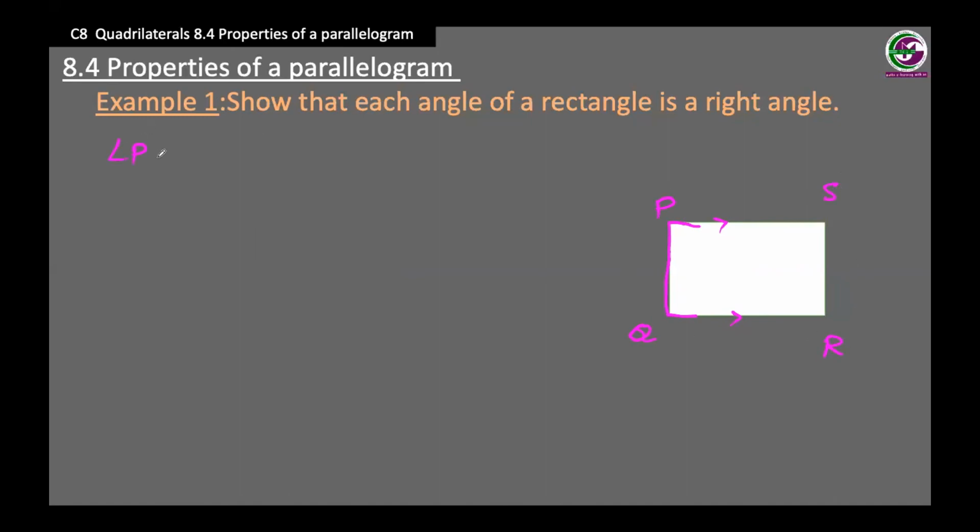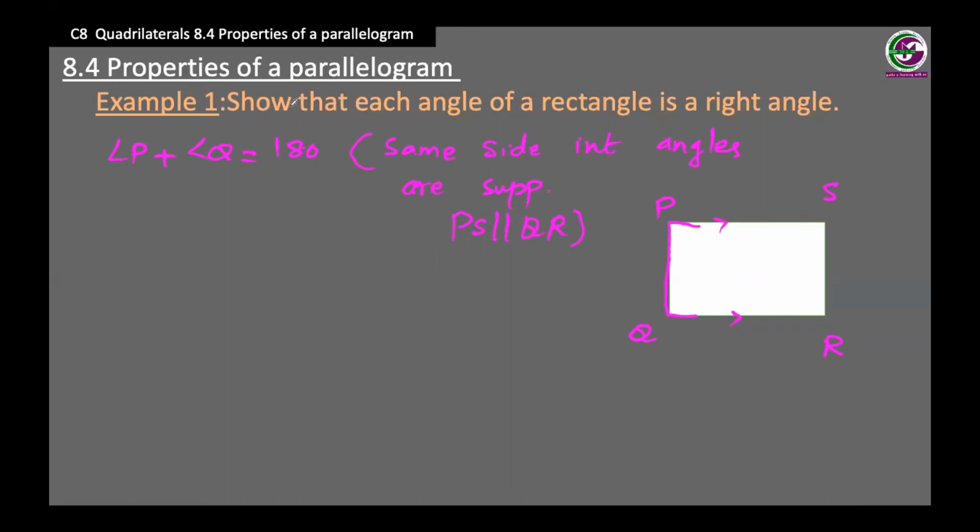Angle P plus angle Q is equal to 180 degrees because same side interior angles are supplementary, between the sides PS parallel to QR, because in a rectangle opposite sides are parallel.